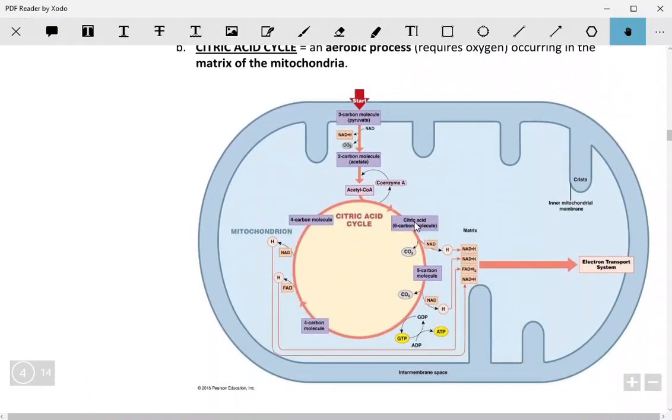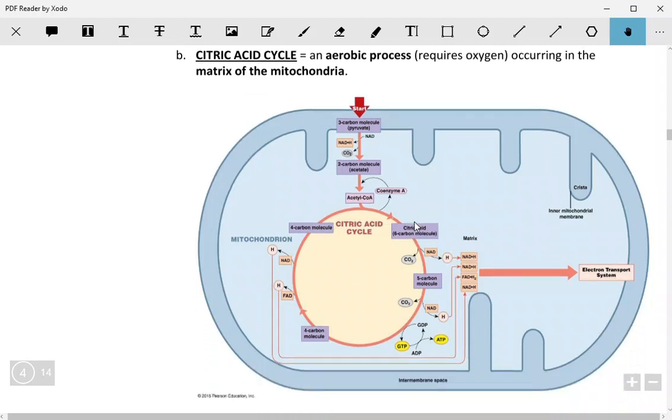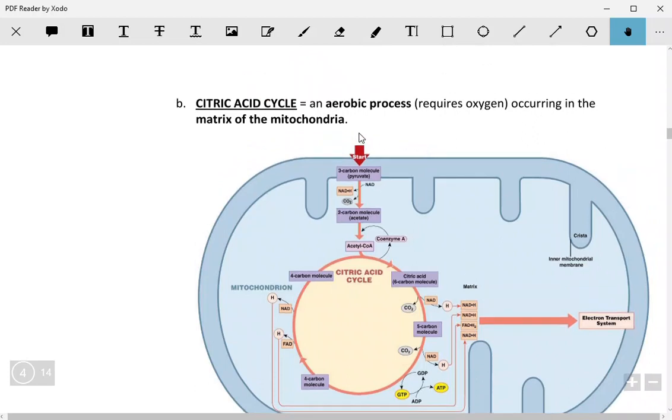So let's talk about the citric acid cycle. Here it is. Like I said, when oxygen is present, the citric acid cycle will be the next step in cellular respiration. And this is an aerobic process. It requires oxygen. And where exactly is it taking place? It is occurring within the mitochondria, but you have to go more specific.